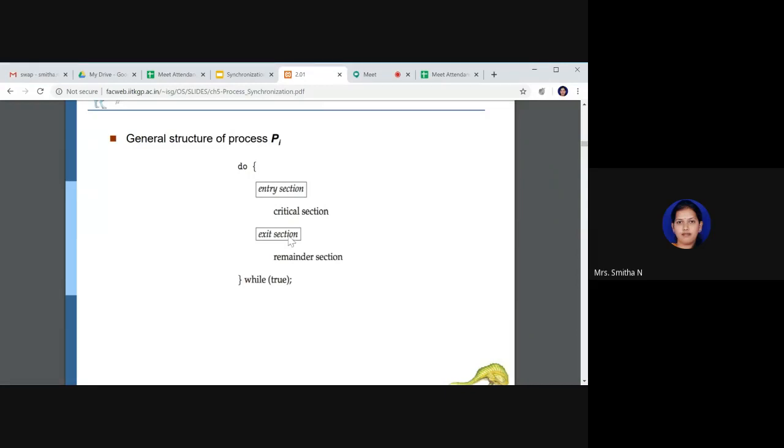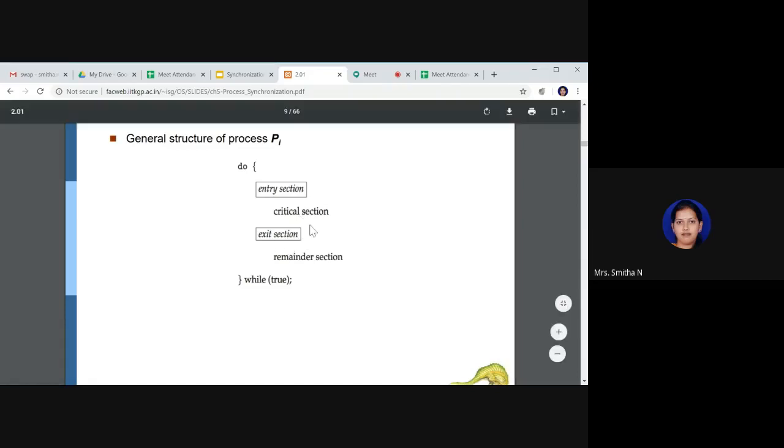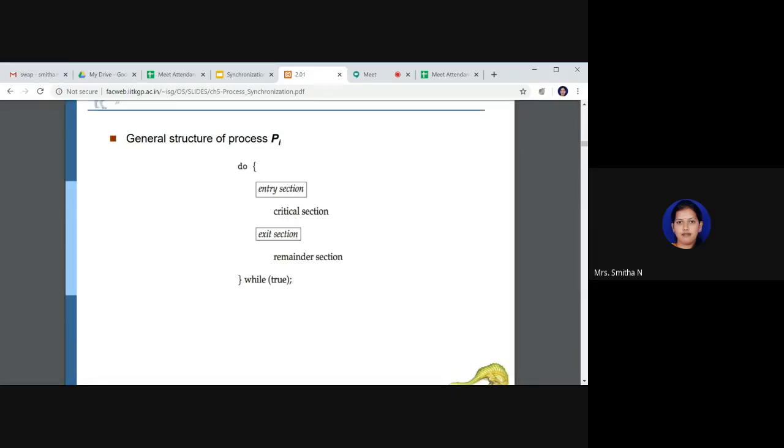What is exit section? After Pi process executes critical section, after execution, it should exit from the critical section, right? It should free the critical section, so it should exit. Code should be written in such a way that when it exits, it is making some changes in some variable or some code segment.